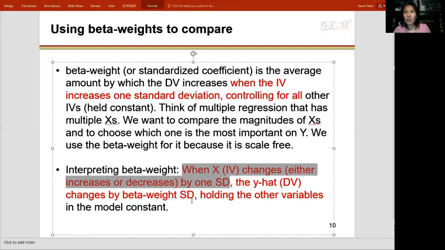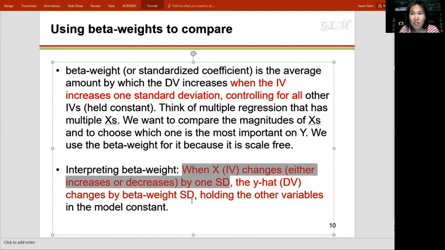How can we convert this concept into the unstandardized coefficient interpretation? At that time, how do you do that? If x changes by 1 unit, y changes by the amount B1. This is the way we interpret the unstandardized coefficient, right? B1.